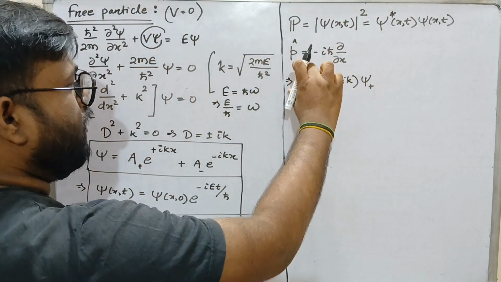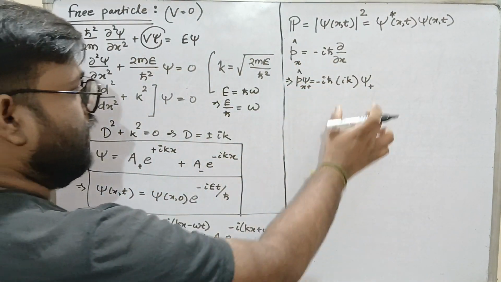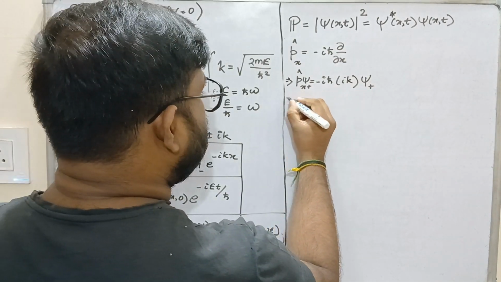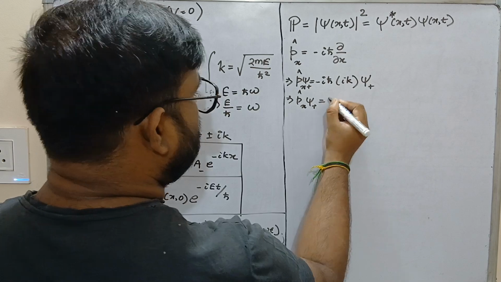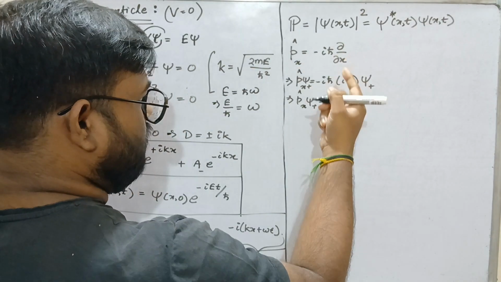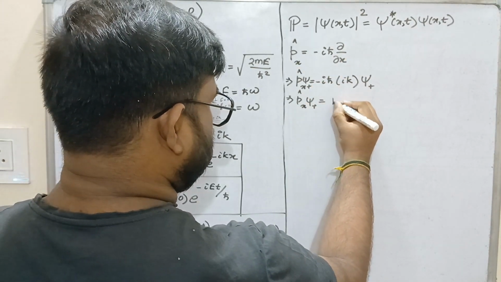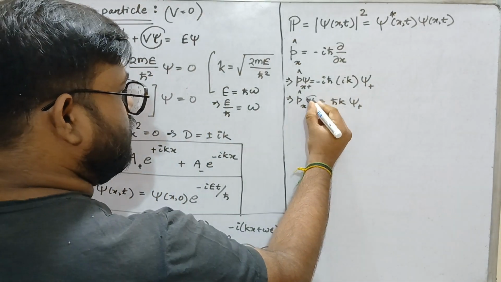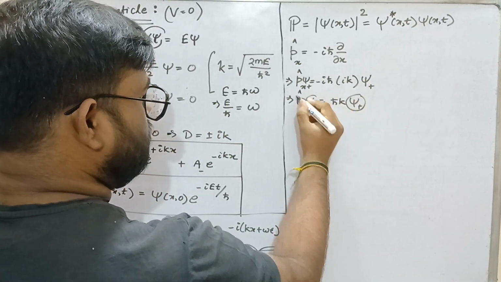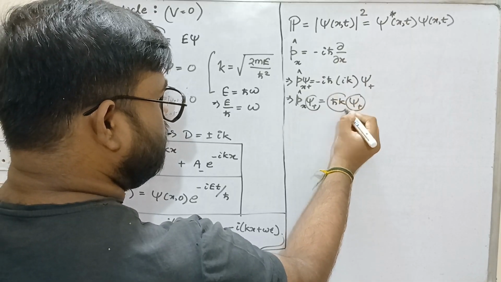We put the momentum operator on psi plus, this function, and it gives us this value. What is the momentum value? It is minus i h bar d/dx acting on psi plus, which is h bar k psi plus. Now look, this function is psi plus, and this function is psi plus. This is the operator, so what is this?